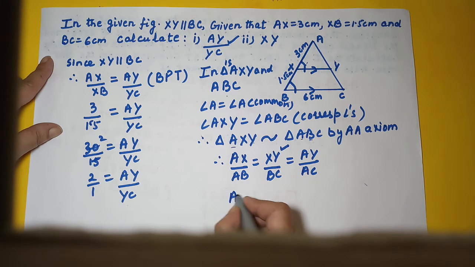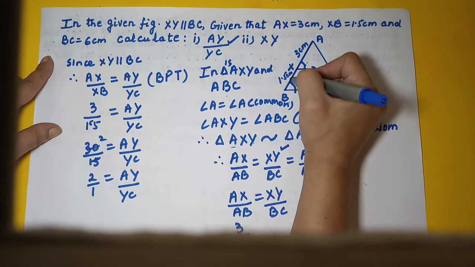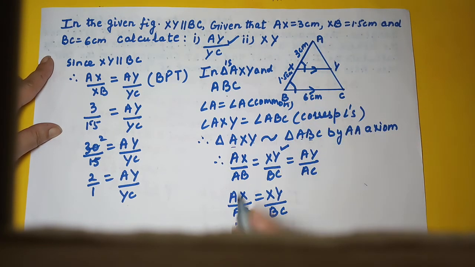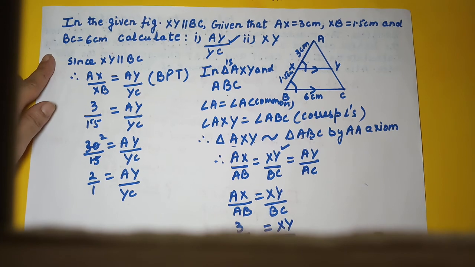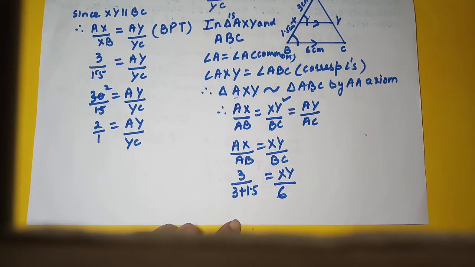So I will write AX upon AB is equal to XY upon BC. I have the value for AX, that is 3. My AB will be 3 plus 1.5, AX plus XB. So 3 upon 4.5 is equal to XY upon BC. What is my BC? BC is given 6, right?